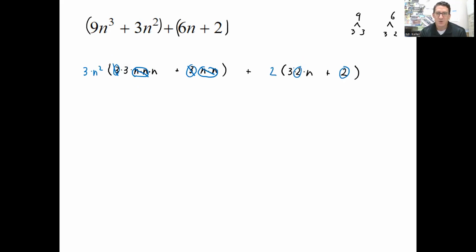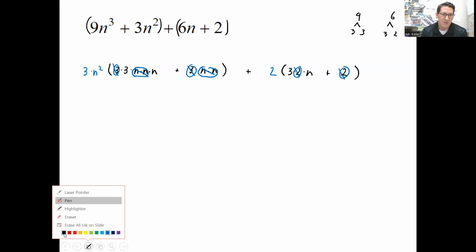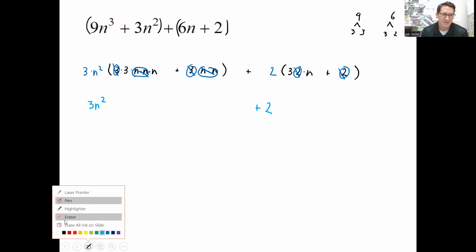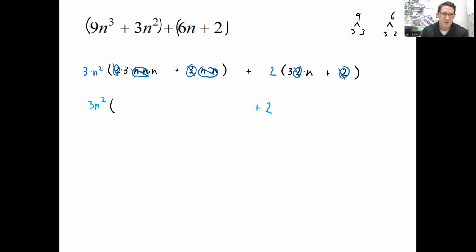So just a 2 coming out. And then I'm going to bring these things back together. So 3n squared plus the 2 over here. And then left on the inside of this, I have a 3n.